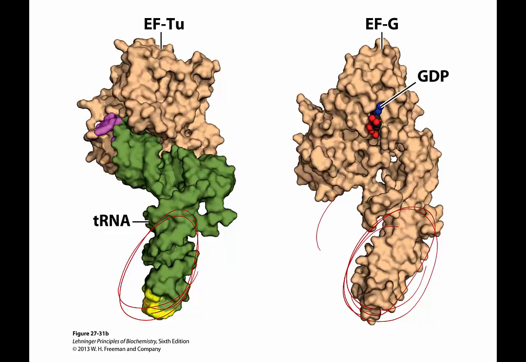And so the overall binding to the A site is facilitated. Now remember, this is transfer RNA here, but this is protein. So what's kind of cool is that this is a protein that's shaped like the tRNA, and helps with this translocation process.